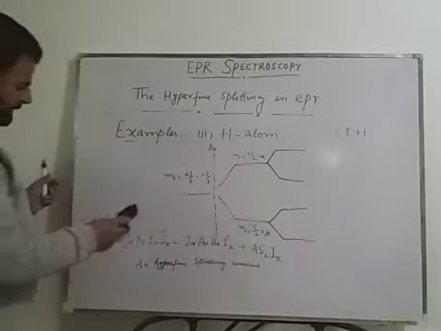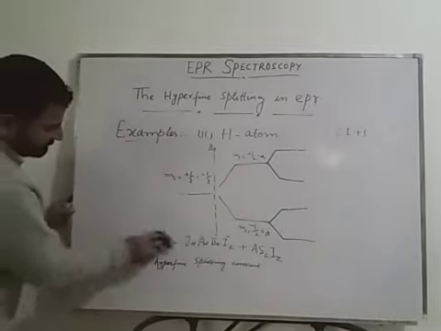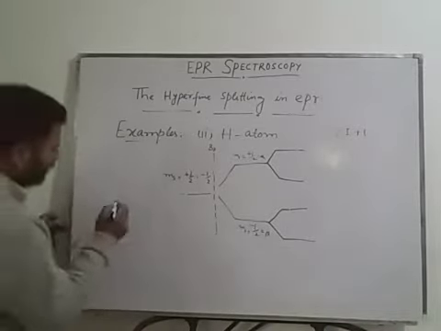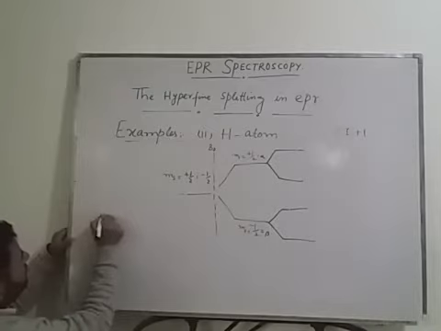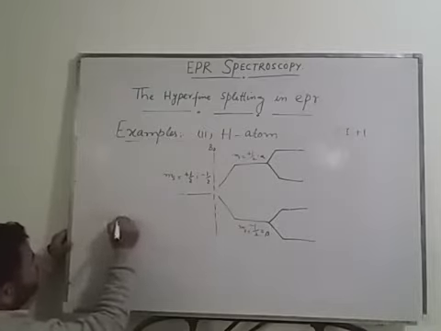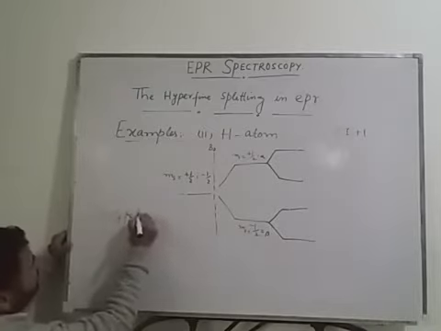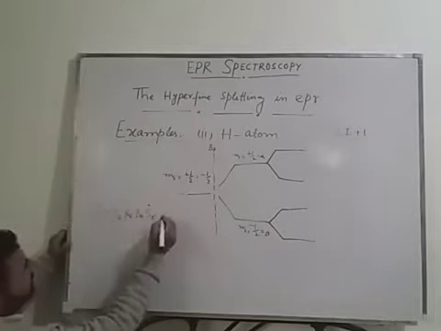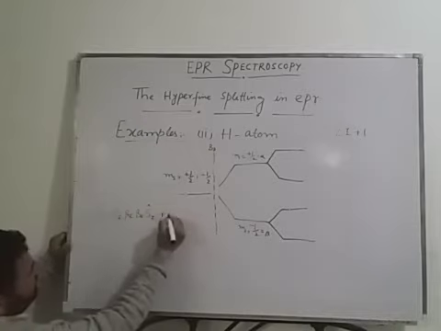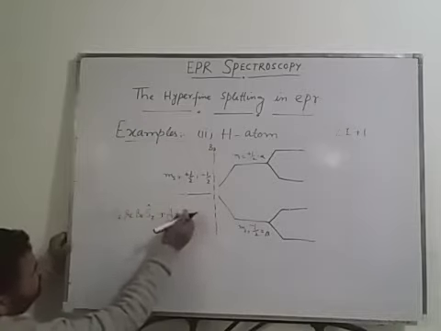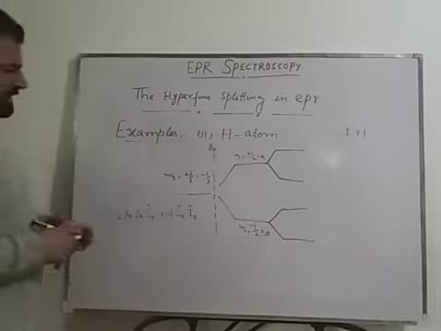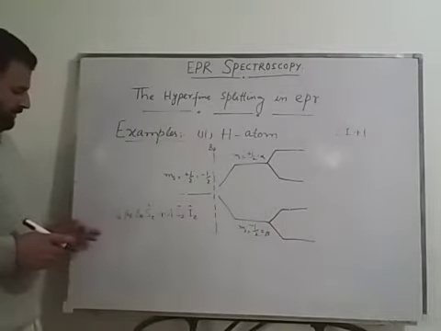So we write H is equal to Ge beta E B naught Sz plus A Sz Iz.